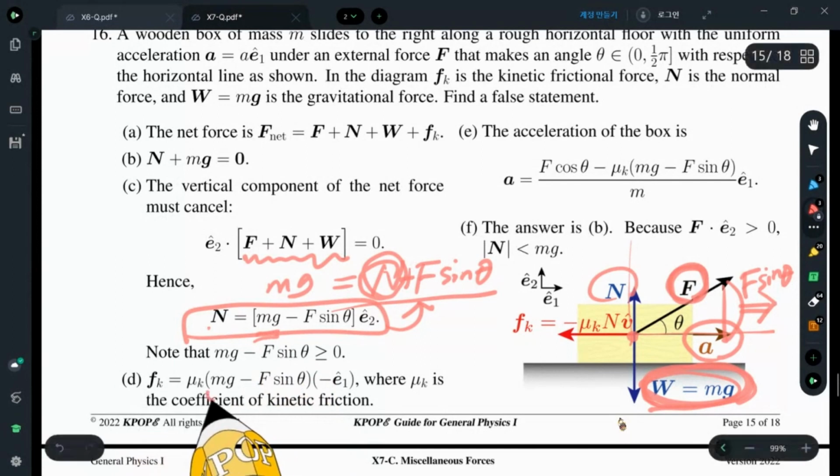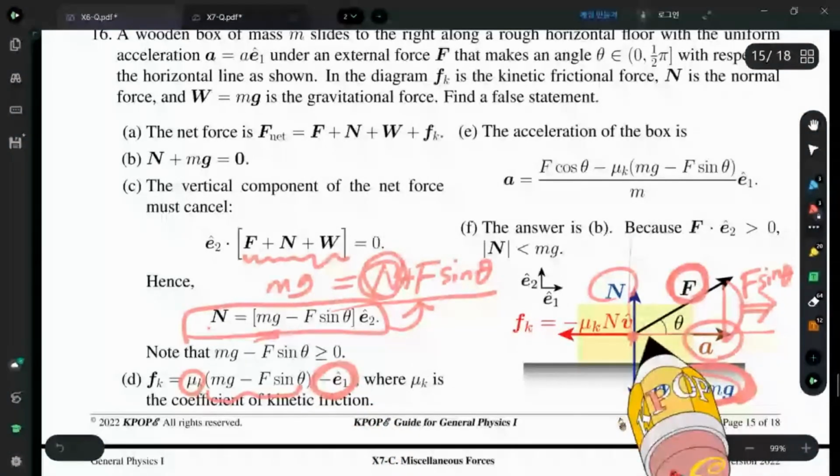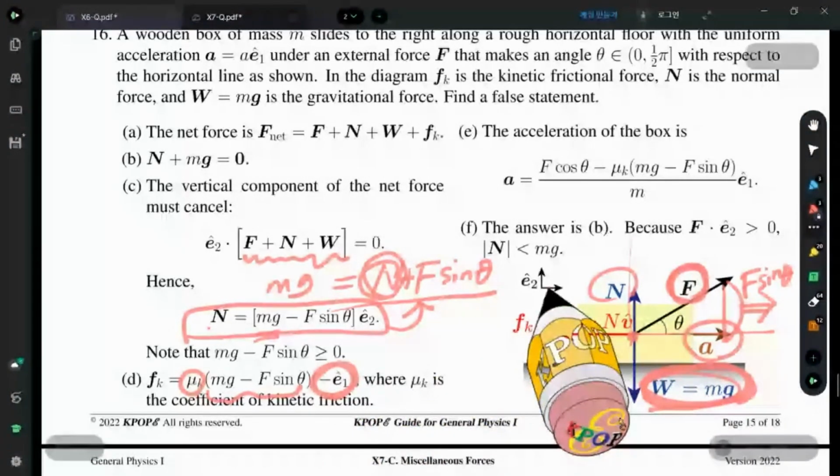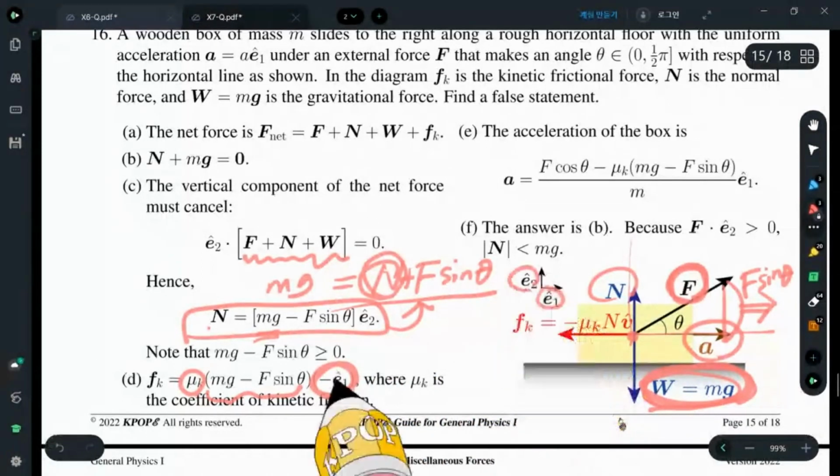Kinetic frictional force is the normal force multiplied by the kinetic frictional constant, and multiplied by a unit vector that is opposite to the motion. That is a minus e1 in here. This is e1, e2.